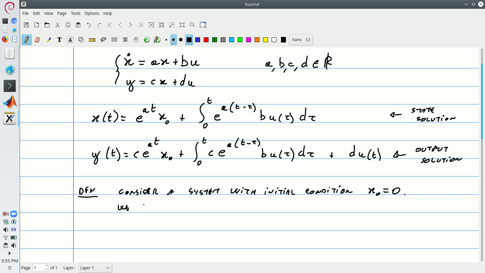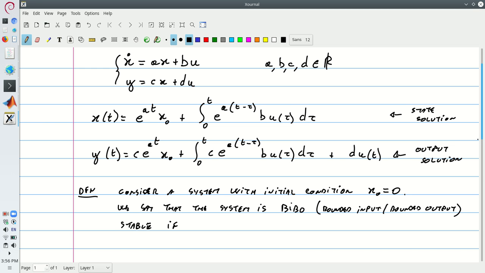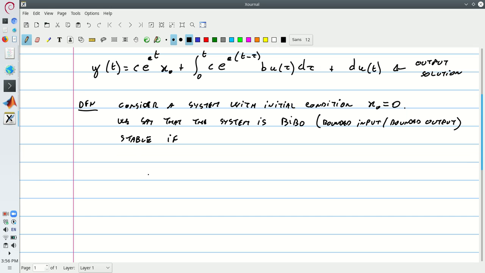We say that the system is BIBO, and as I said, BIBO stands for bounded input, bounded output, stable if the following condition is met.